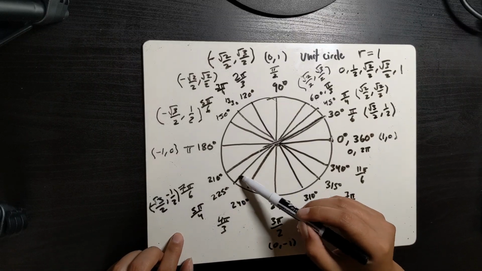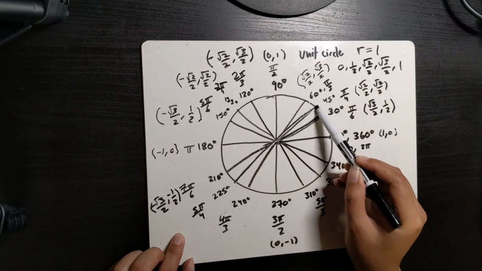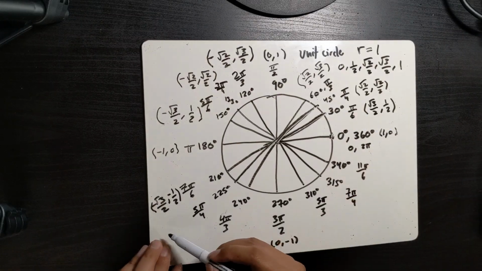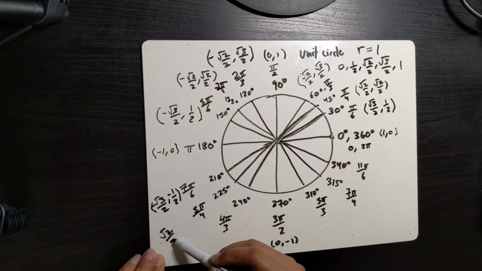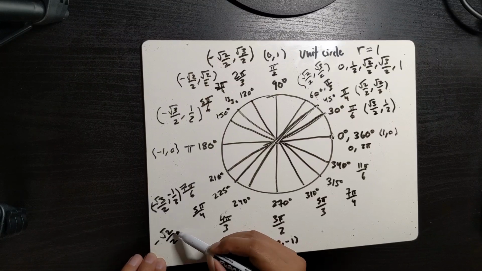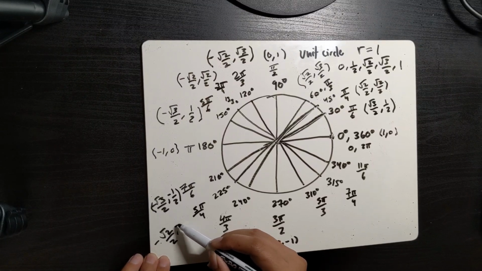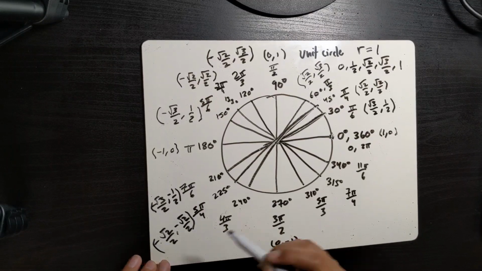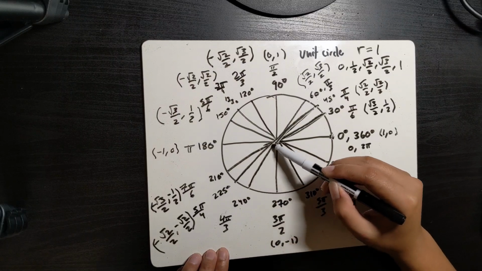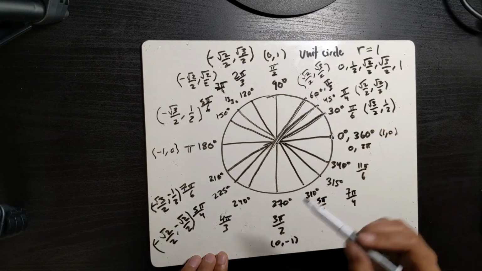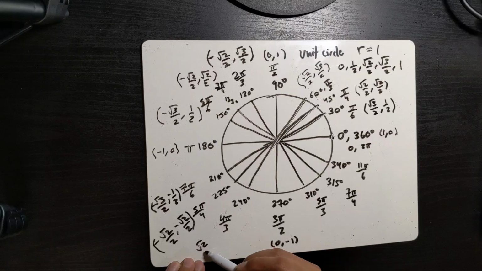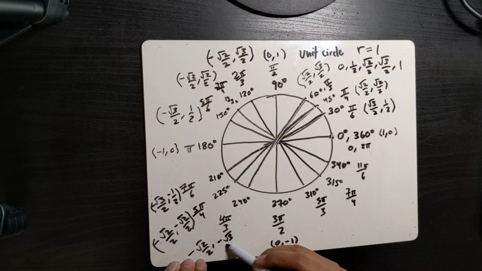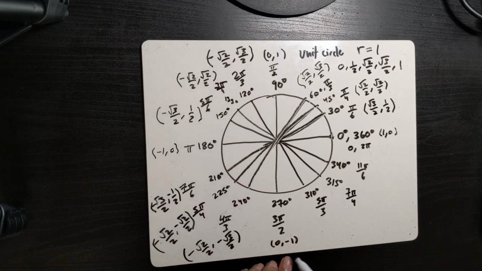And if we trace our 225 degrees, we reach the 45 degrees, so the values would be similar, except we're going to have to tag a minus sign for both x and y. And at 240, we can trace it to 60 degrees, so the values would be similar, but now with a minus sign in front of our x and y value.